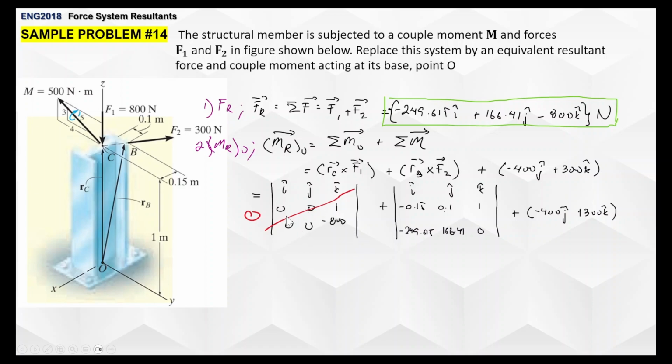And then for the j component, 0 times negative 100 and 1 times 0, 0 right away. And if you're looking for the k component, that's 0 times 0, 0 times 0. So essentially, this particular determinant is equal to 0. So all you have to evaluate is the position vector RB cross force vector F2 in this case.